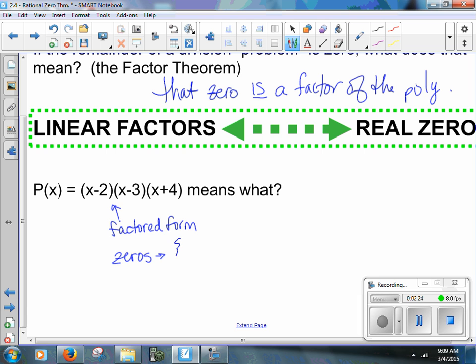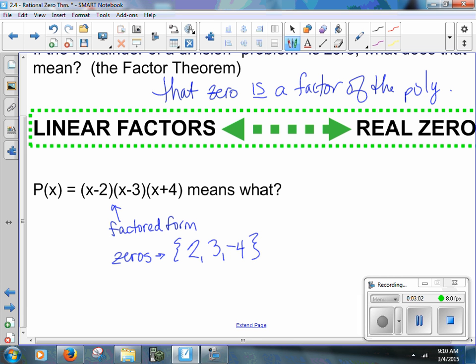Our zeros are what? 2, 3, and -4. I would also be able to assume that what degree polynomial is that? Third degree. Third degree is going to look like what kind of curve? John Travolta. Where is the curve going to start? Which quadrant? Quadrant 3, and it's going to go towards quadrant 1. That's what I want you to keep thinking about, over and over and over again.